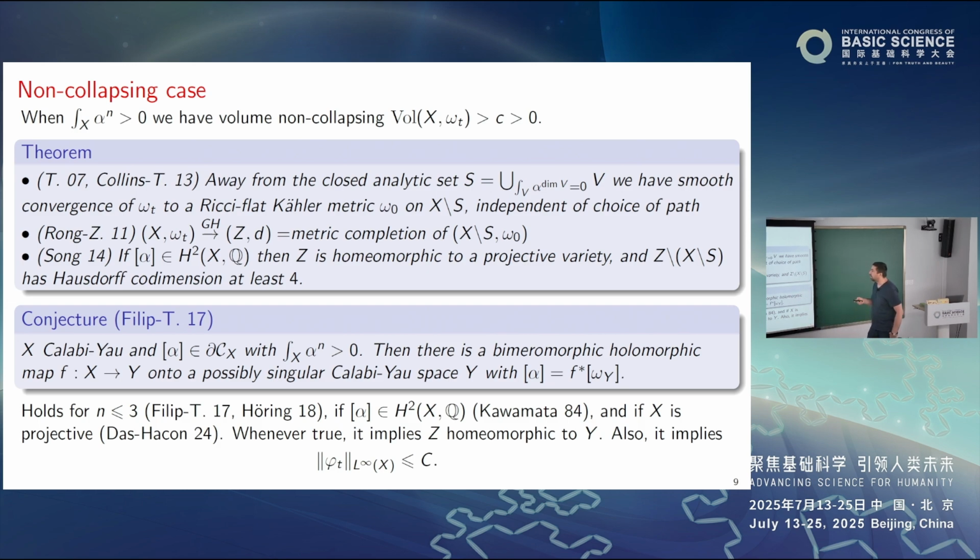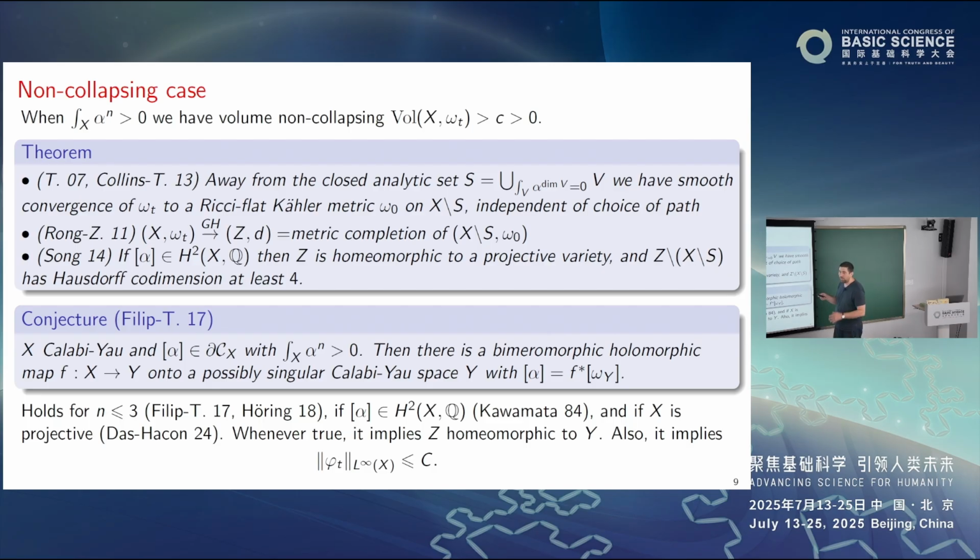And so a long time ago, in 2007, and then later with Tristan, who's here, we obtained the smooth convergence away from a small bad set. So if you take the union of all V, where V is, let's say, a closed complex submanifold of X, in reality you should allow V to have singularities, so really it should be an irreducible closed analytic subvariety. And take the union of all these, let's say, submanifolds, where the limiting class integrates to 0.